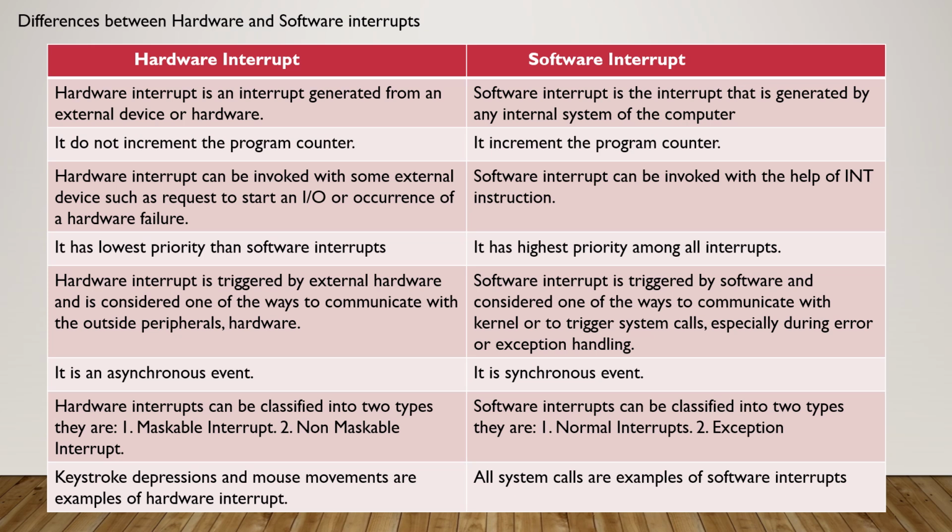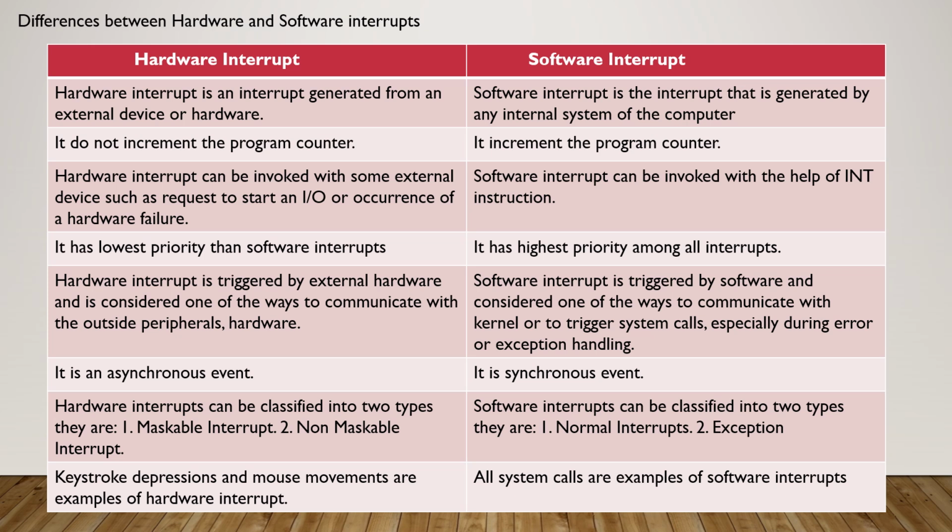A hardware interrupt is triggered by external hardware and is one of the ways of communicating with outside peripheral hardware. A software interrupt is triggered by the software and is one of the ways to communicate with the inner system, triggered by system calls, especially during error or exception handling.